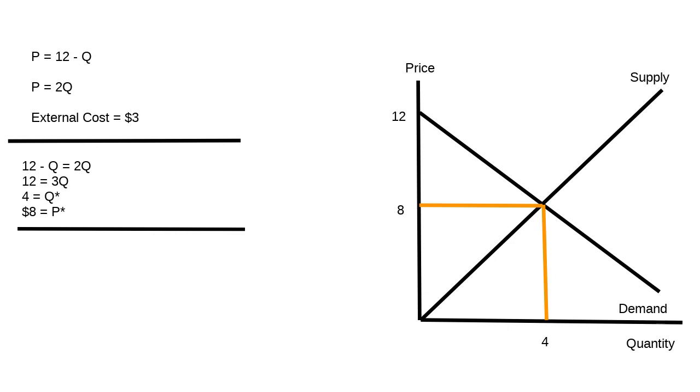So the total surplus here will be 24 minus 12, and so this will equal 12.